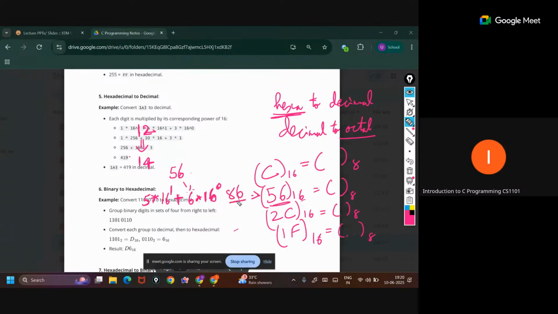Okay, so now 86 has to be converted to octal. How to convert decimal to octal?